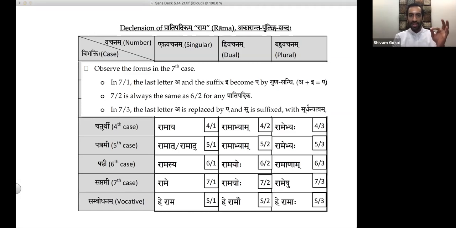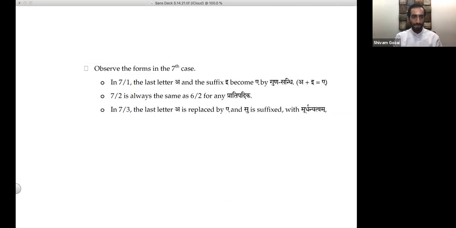Why that happens is just like what we did with nakara, but slightly different. I'll make another 30-minute video just about that. But the sakara becomes shakara because there are a few things preceding it. So if I write here, Rama, the last akara is replaced by e, so it becomes Rame.